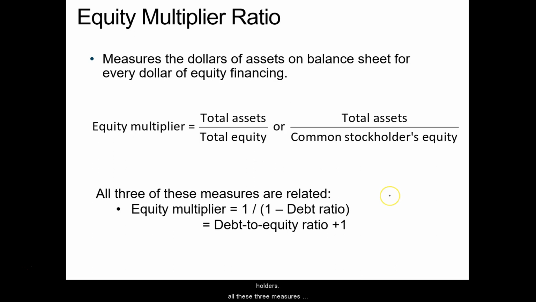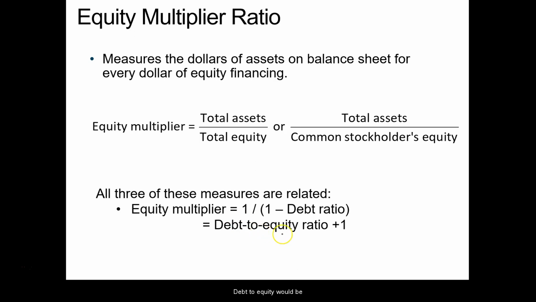All these three measures actually are related to each other. For example, if a company has 1 million equity and 4 million of debt, so that the total asset is 5 million, then the debt ratio is 4 out of 5, which is 80%.